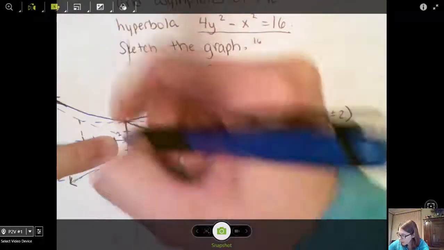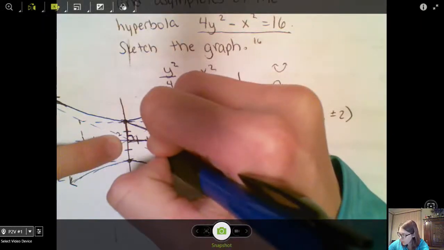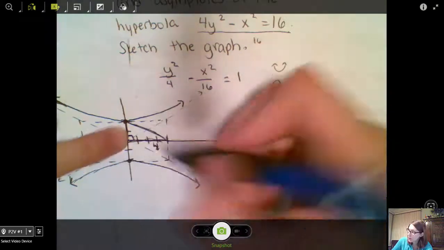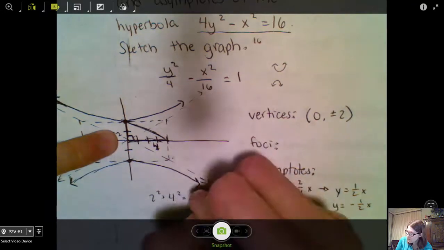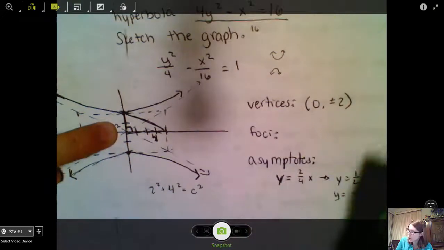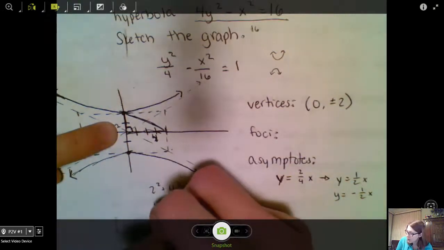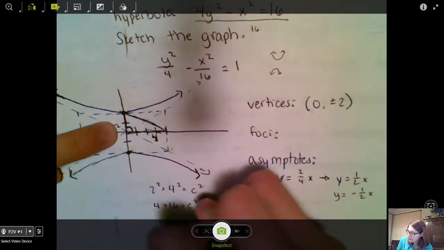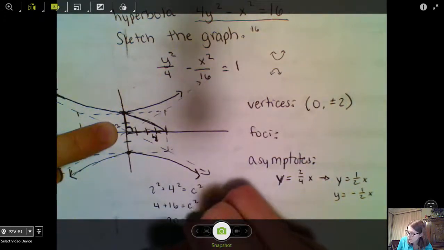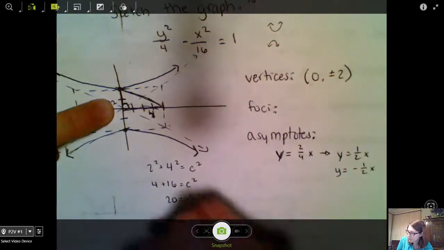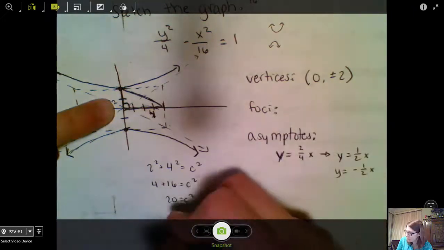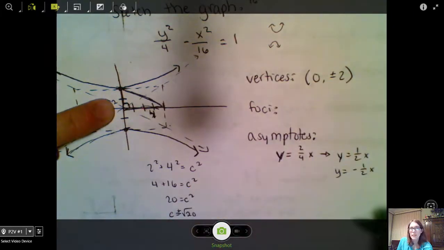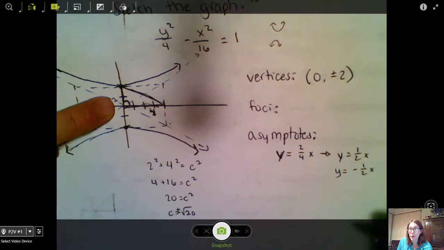This length is 2, this length is 4. We can use our Pythagorean theorem to figure out our hypotenuse, which is where our focus is going to be. So 2 squared is 4 plus 16. C is plus or minus square root of 20, which again is about 4.5.